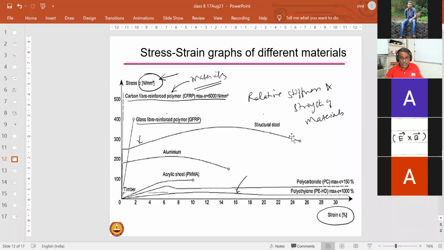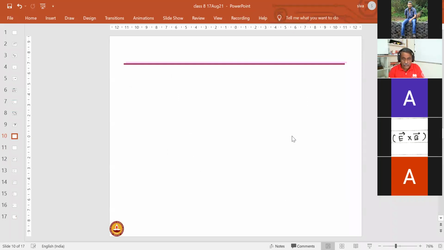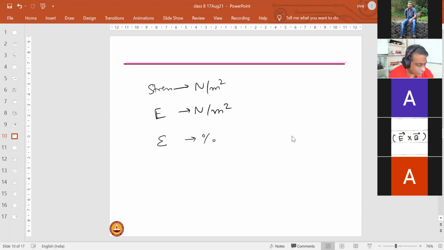So let's now think of these units. We decided that stress would be in terms of Newton per meter square, modulus would be in terms of Newton per meter square, and strain would be in terms of percentage. All right. Now let's take, for example, this.